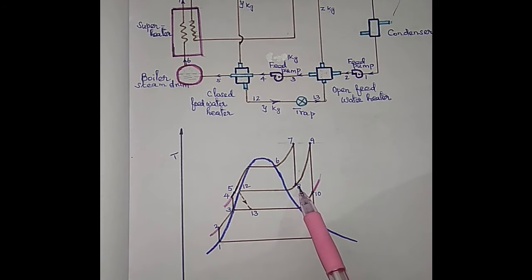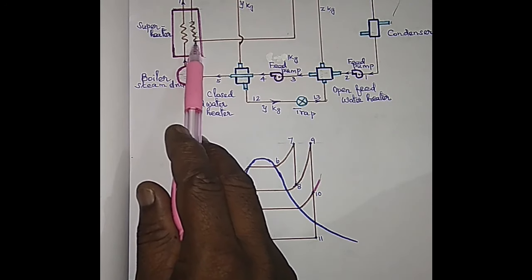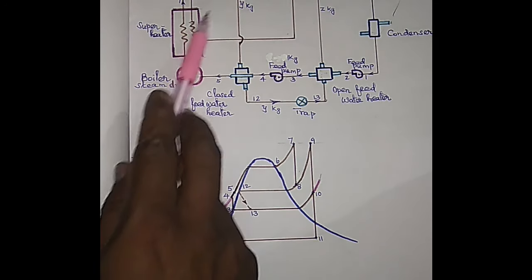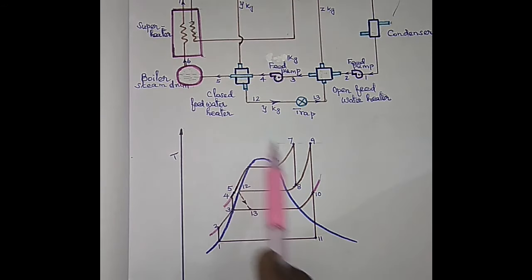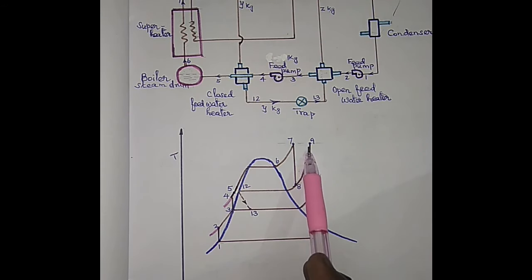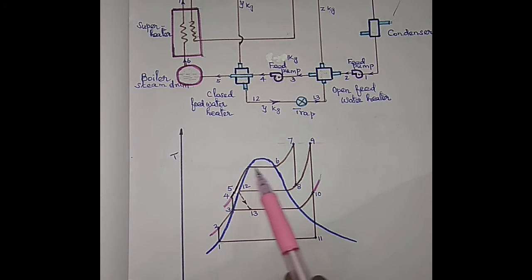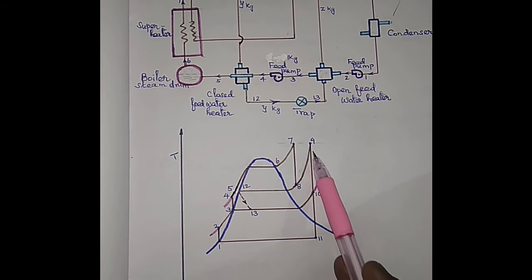At a lower pressure, we are adding heat. Where are we adding heat? You see, this is the point 8 to 9. We are adding heat at a lower pressure than this pressure. This is a lower pressure.